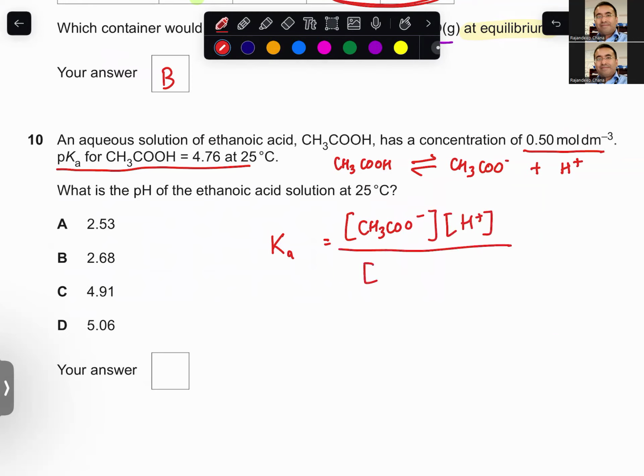So what we can do is substitute the ethanoate ion and make this into H plus squared. So this Ka is going to be 10 to the minus 4.76. Why is that? Because 10 to the power of minus pKa is equal to Ka.